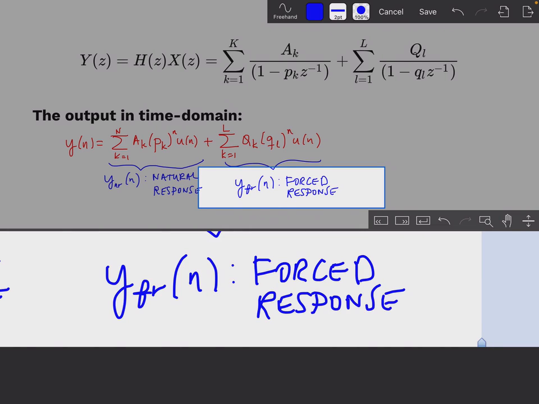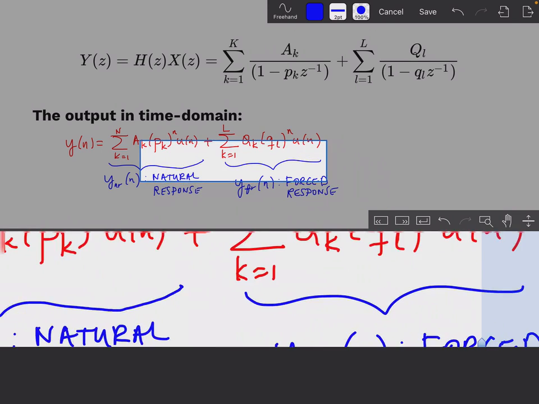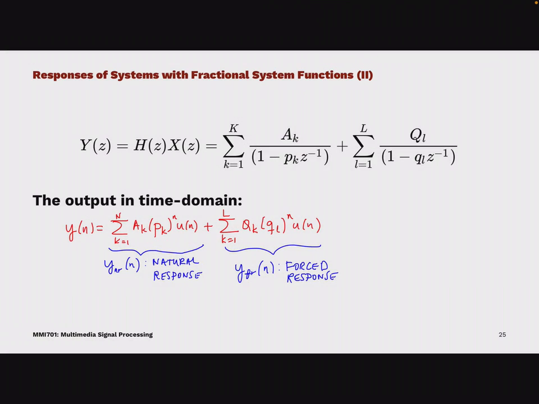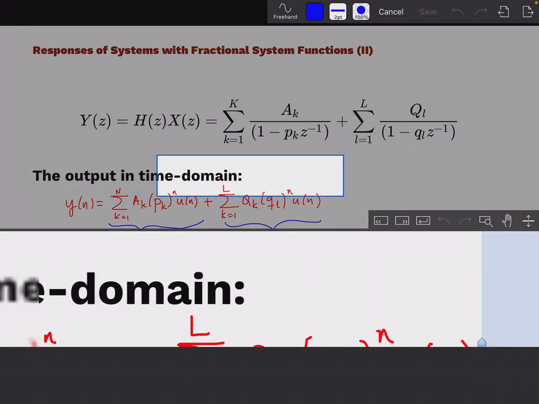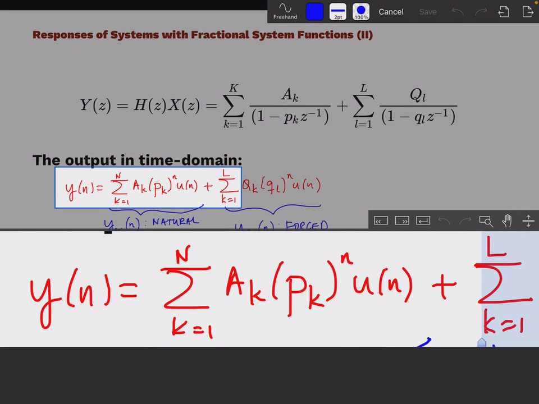So why are we calling them these? If you don't even feed any signal, or if you feed any signal, in fact, to our system, this natural response is going to stay the same because it's inherent to the system. So all poles, p_k, come from the system itself.